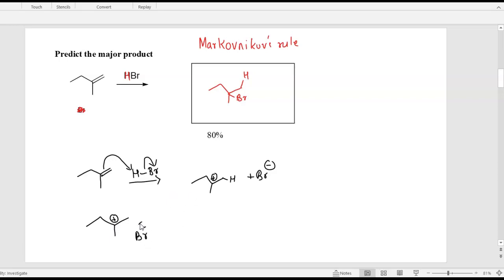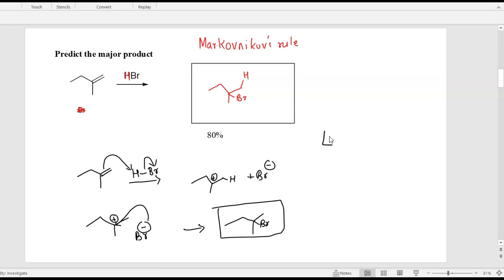The Br minus now acts as the nucleophile and attacks at this carbon atom to give the product, which is your addition product. Okay, so that's what I have drawn here. I have not drawn the hydrogen because it's understood that we have the hydrogen on that carbon atom. All right. So simple mechanism.